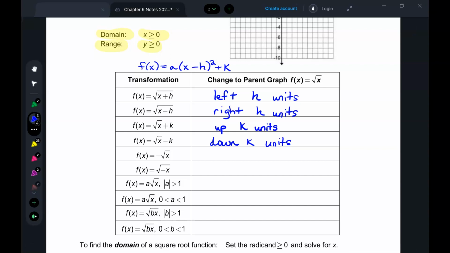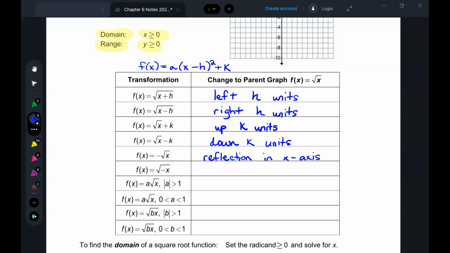Okay, if there's a negative in front, it's going to be a reflection in the x-axis. It moves it upside down. Next one we haven't really encountered yet, but we're going to have it in many more functions.